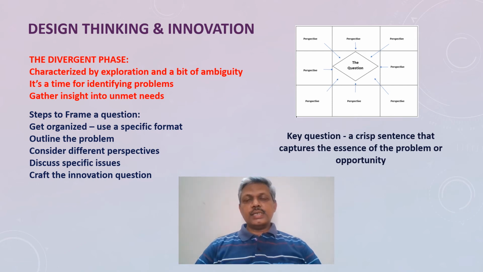Again, to write the sentence, we can use one method called a perspective matrix, where the group should identify all possible perspectives of the problem and list out all the perspectives, the number depending on the problem, of course. Here only a suggestive matrix is given. You can list out your own set of perspectives, and your question should be able to provide solutions with respect to each of the perspectives.